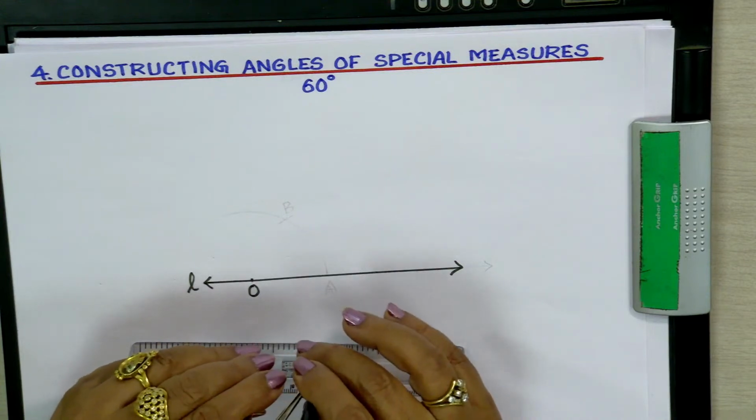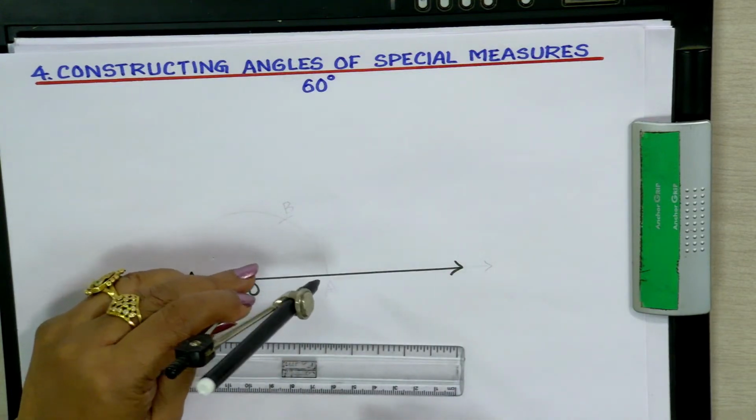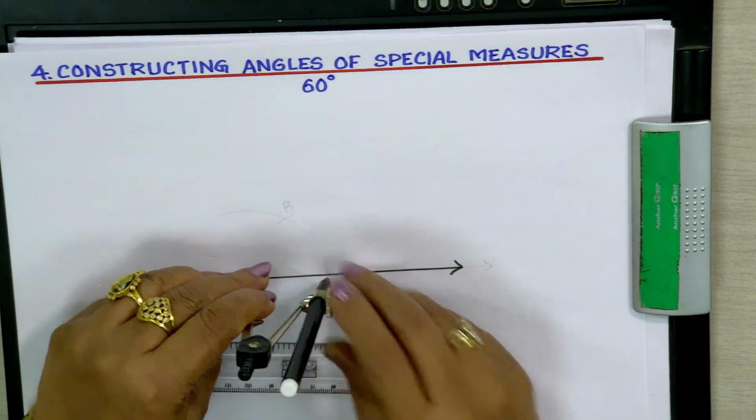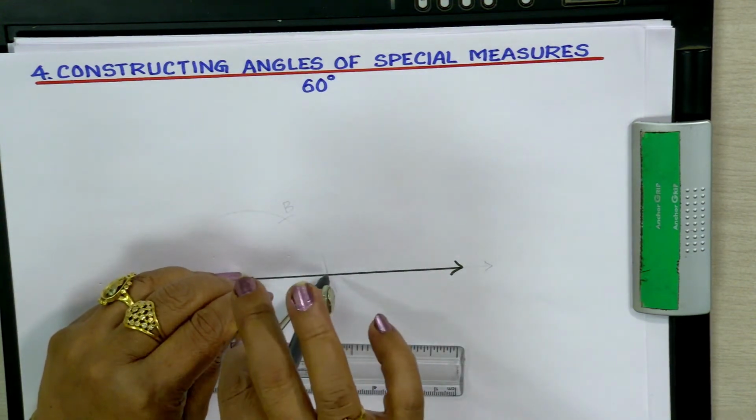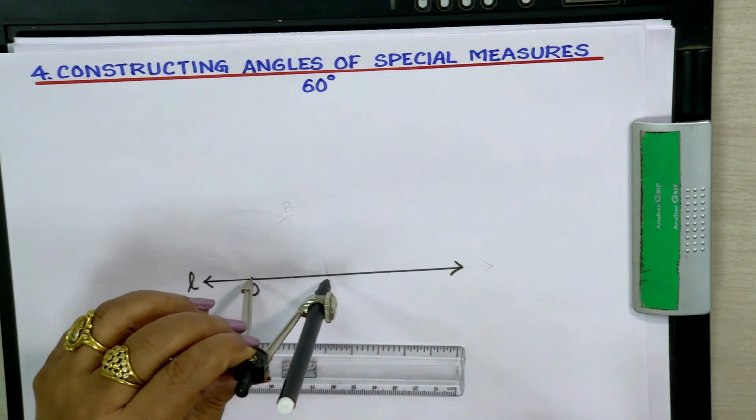We will take a convenient radius, look here, and we have to be very careful in taking this, and we have to fix this at this radius.